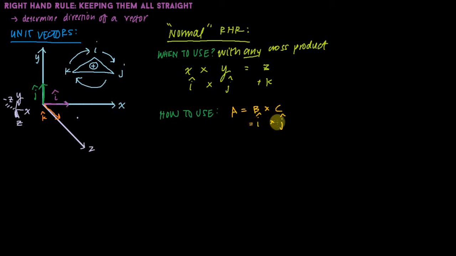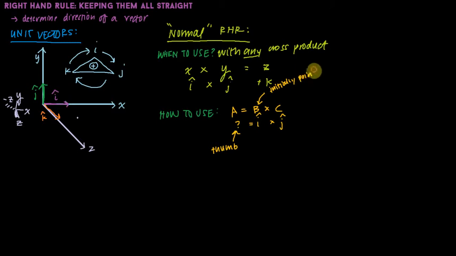And we want to figure out the direction of A. So I'm going to write down here what you're going to be doing with your hand. A is going to be represented by the direction that your thumb points, okay? B is going to be represented by the direction where you initially point your fingers.